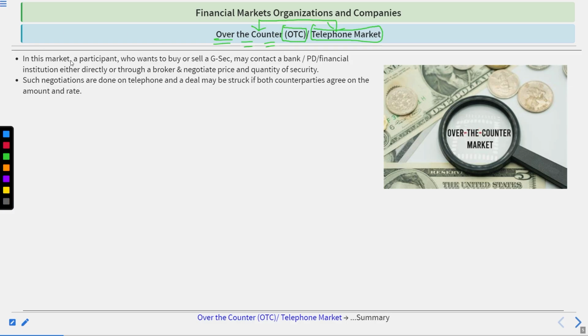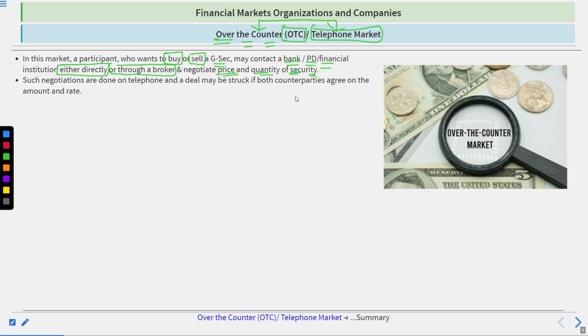In this market, a participant who could be anyone, a buyer or a seller of the GSEC, where GSEC stands for government security, has the facility to contact a bank, the primary dealer, or the financial institution, either directly or through a broker, and negotiate a price and quantity of security.